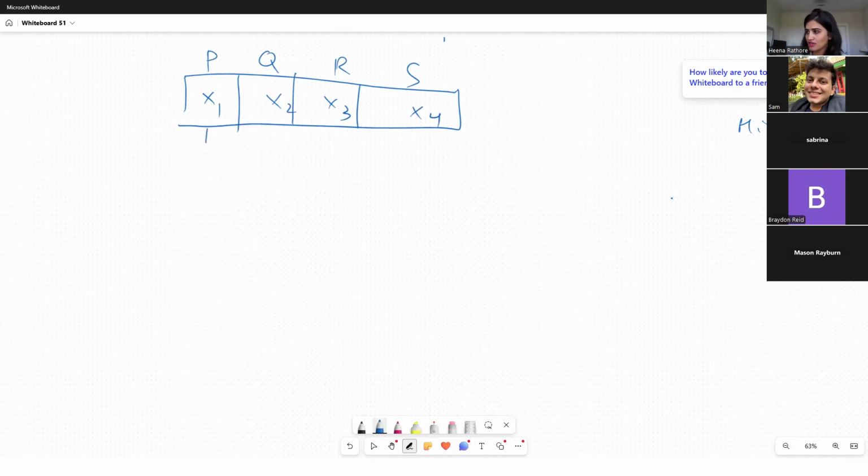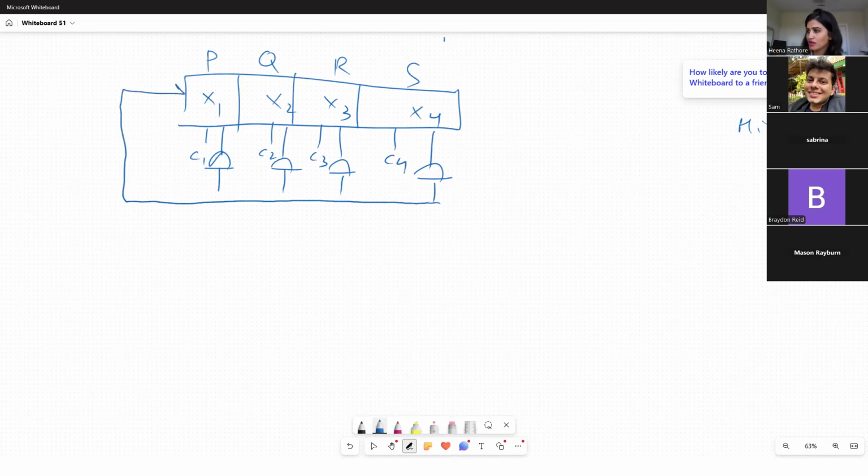There is a trigger for these flip-flops, which I'm representing as C1, C2, C3, and C4. And as I mentioned, you apply a feedback to come over here to output your value. So these values come out: x4 will come out, then x3, x2, then x1.